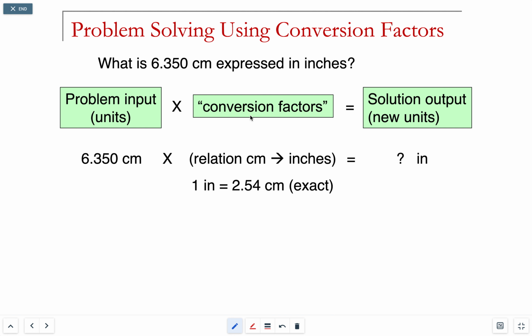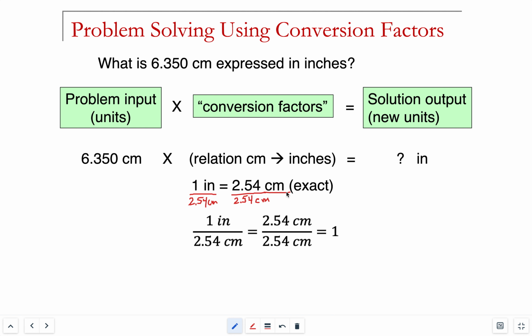So if we divide both sides of this equation by 2.54 centimeters, we haven't changed anything, right? In algebra, whatever you do to one side of the equation, if you do the same thing on the other side, you haven't changed anything. When we do this operation, what we end up with is this.